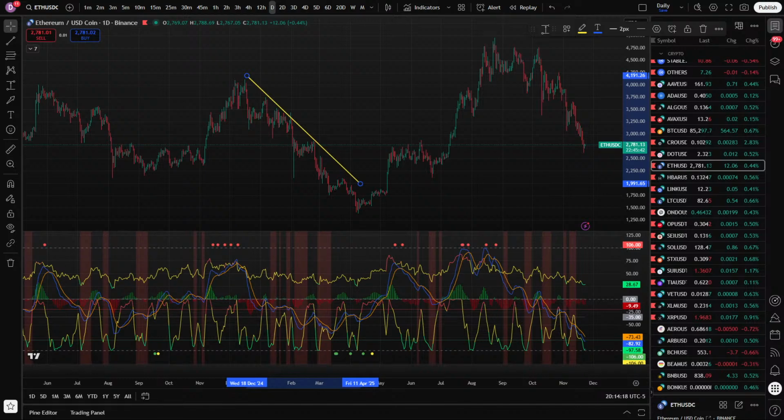...if not more, as Ethereum and Bitcoin, and 10% as USDC or USDT, whatever you use, right? And then the remaining in your top projects, pick 2 or 3 charts that you feel are bullish.